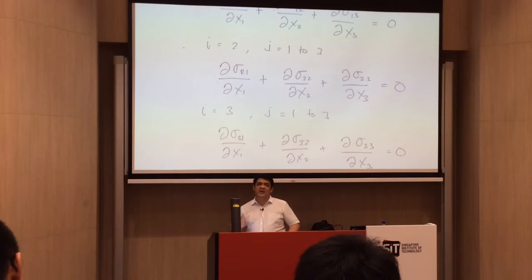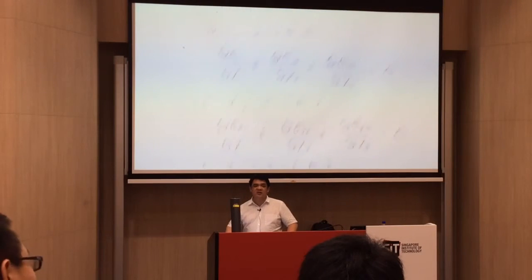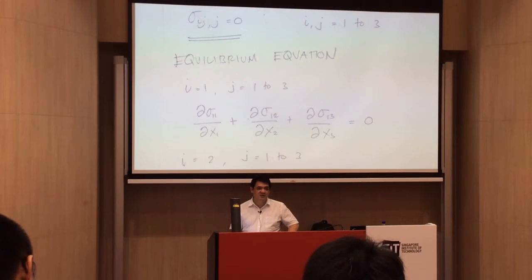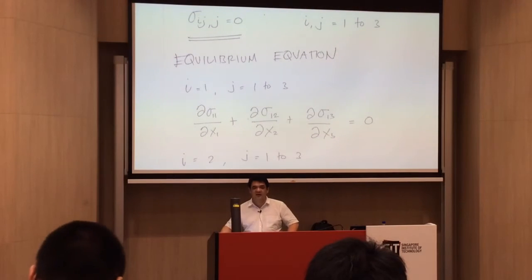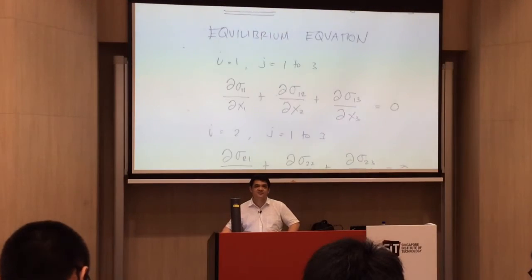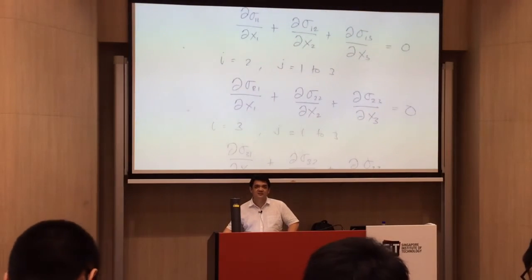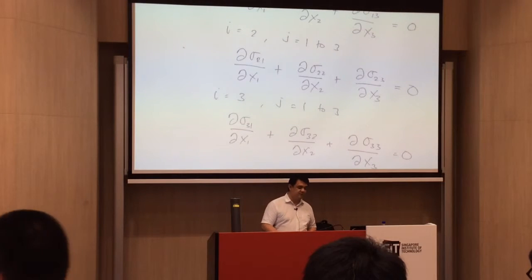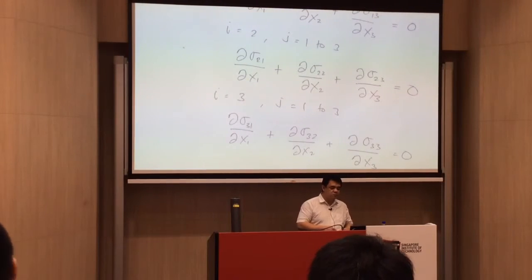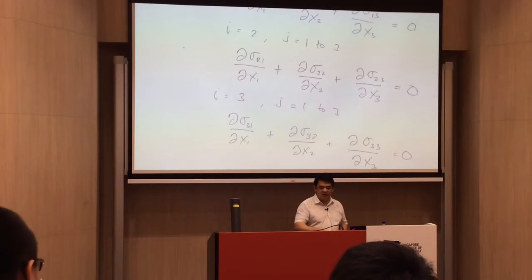But before we can even use this notation effectively, we should know its rules. We're just trying to learn a new language here, the language of mechanics, that is. So we have now an equilibrium equation of elasticity.